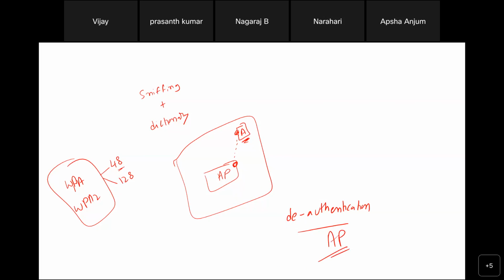The client system receives a message which seems to be coming from the access point itself, saying you have to disconnect. So the client system will disconnect.